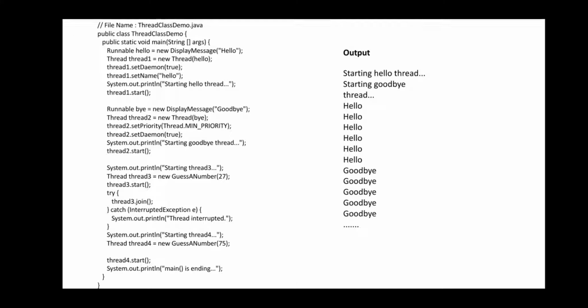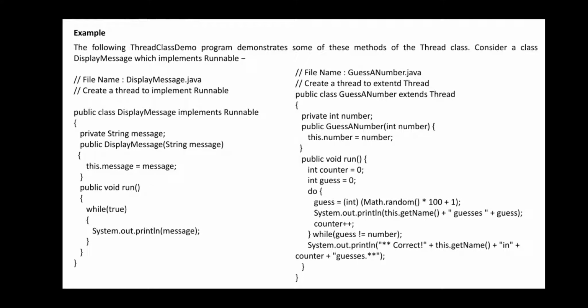Here the thread classes are defined and you are using Runnable, and you are going with this.number. This.number, as I already said, is a keyword which points directly to that particular variable. We can call that the this keyword.